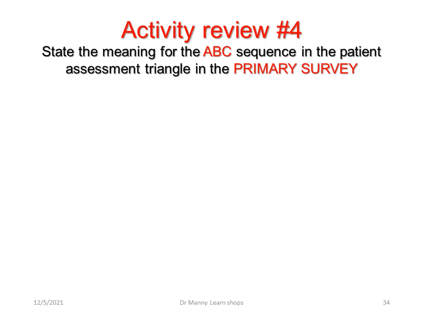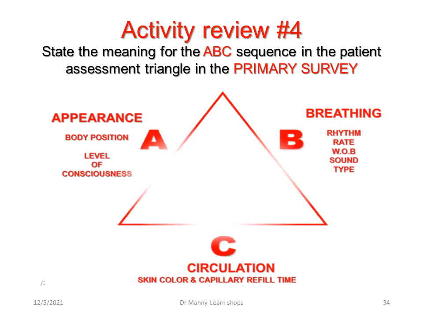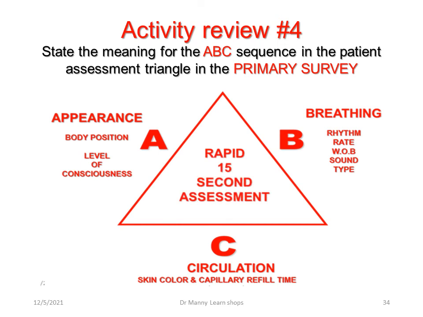A, B, C. A is for appearance. What do they look like? What's their level of consciousness? B is for breathing: rhythm, rate, work of breathing, sound, type of breathing. C, circulation, which is skin colour, warmth, and capillary refill time. This is rapid assessment which takes only 15 seconds to let you know whether they're stable, unstable, good, bad, sick, or well.